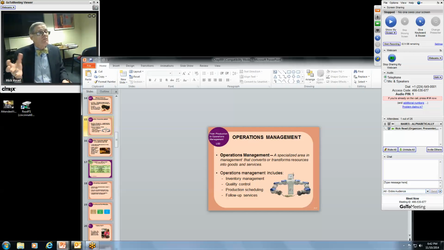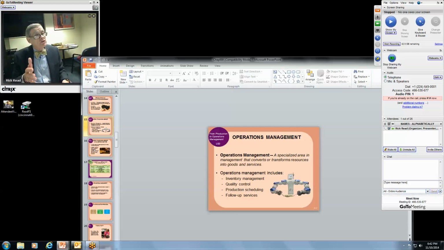And so we've moved away from, and this is, by the way, a concept most manufacturers have taken on, away from production management to operations management. And notice what this says here, and it's important to read this last part. It takes input resources and then transforms those resources into goods and services.